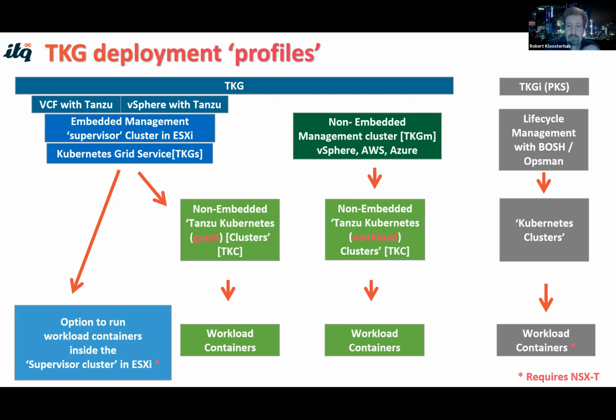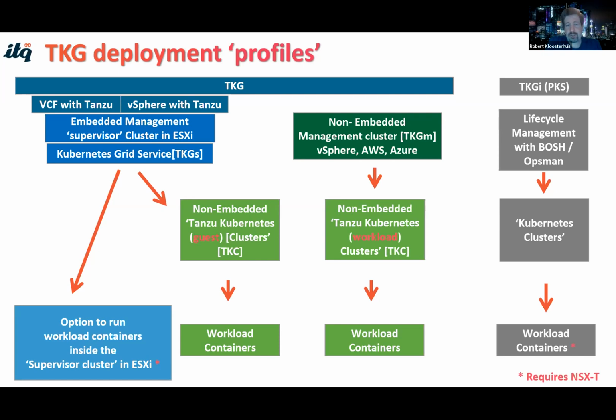And it's basically just a bunch of VMs as you know them, with Kubernetes installed on top of that. And we call those Tanzu Kubernetes clusters. Tanzu Kubernetes guest clusters is how I usually refer to them. And in some slide decks from VMware, you'll see them refer to those kinds of clusters as workload clusters, but the concept's the same.